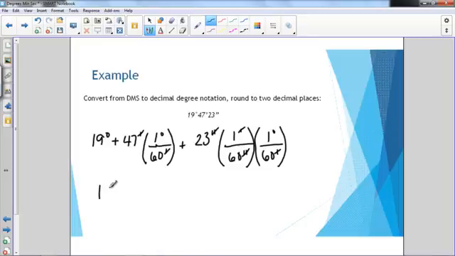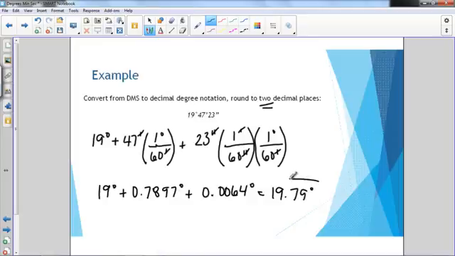So putting all of this into my calculator, I get 19 degrees plus 0.7897. I'm just going to round to 4 decimals, plus 0.0064 degrees. I can now add these three things up, and I'm left with 19, and it says round to 2 decimal points. So at this point I'm going to round to 2 decimal points, 19.79 degrees.